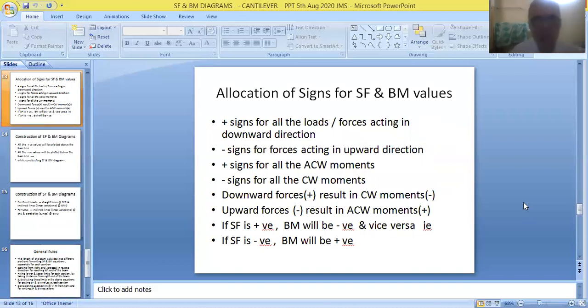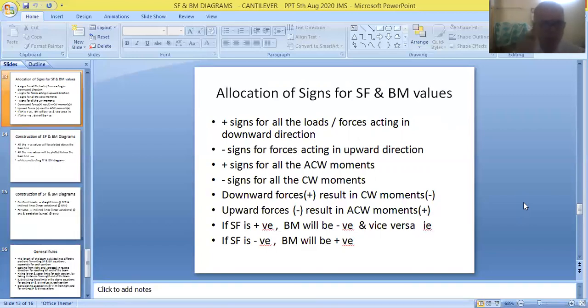So friends, here the allocation of symbols is very, very important. This is the allocation of symbols for loads acting on the beam and also for the moments on the beam. Generally a positive symbol must be used for all the forces acting in downward direction, and a negative symbol must be used for all the forces acting in upward direction.